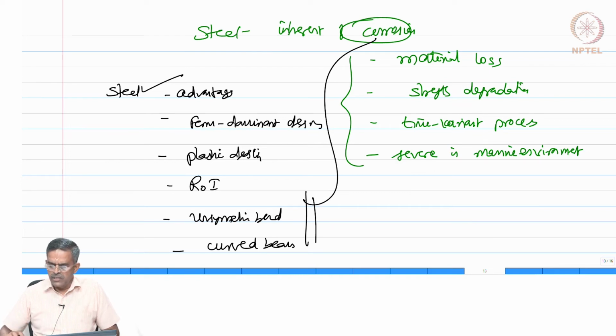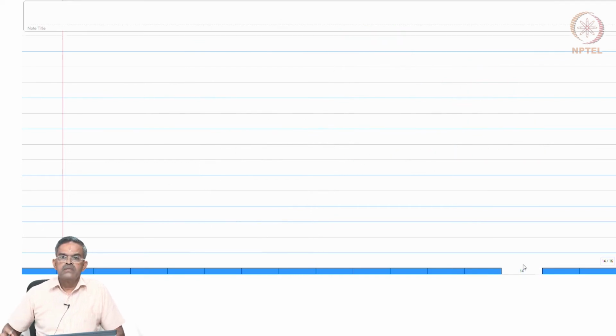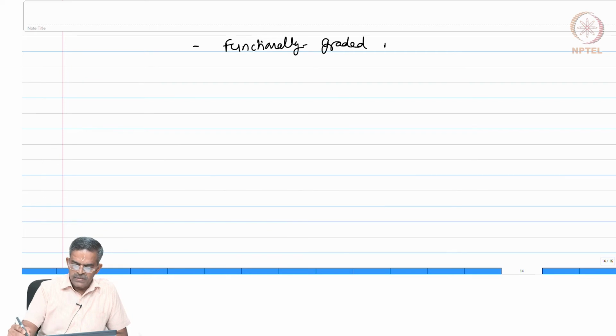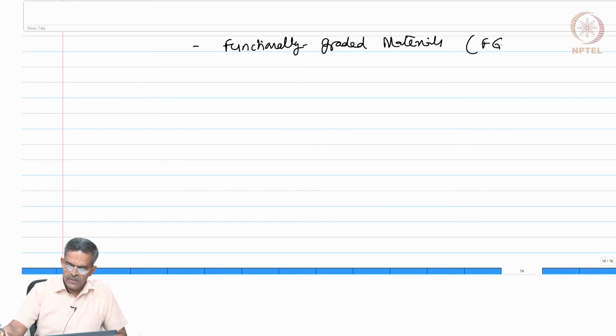Now, to address this issue, the recent innovation happened in structural engineering is functionally graded materials, very commonly known as FGMs.